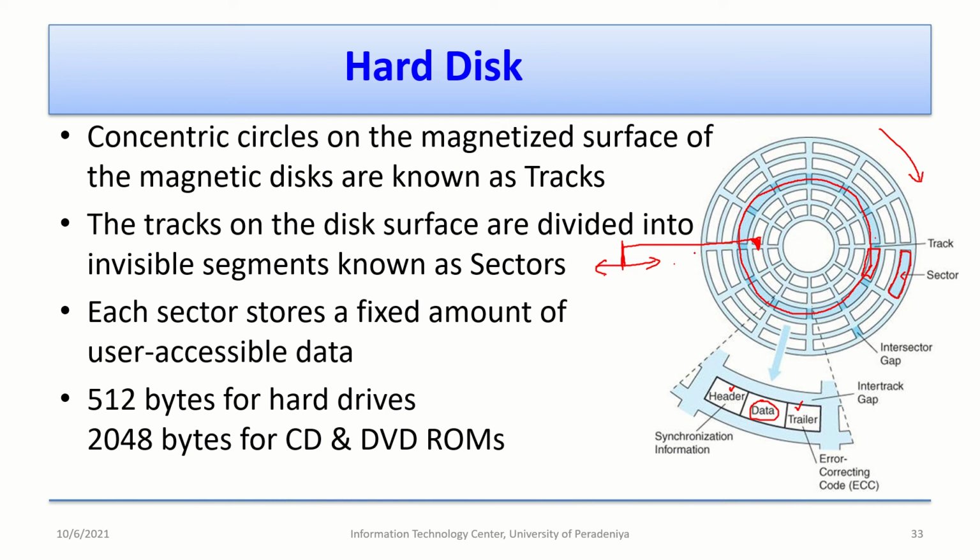Then when this sector comes to here, it can be accessed using this head. So the disk rotates to here, this section will come to here, and then the head should move to the left direction.